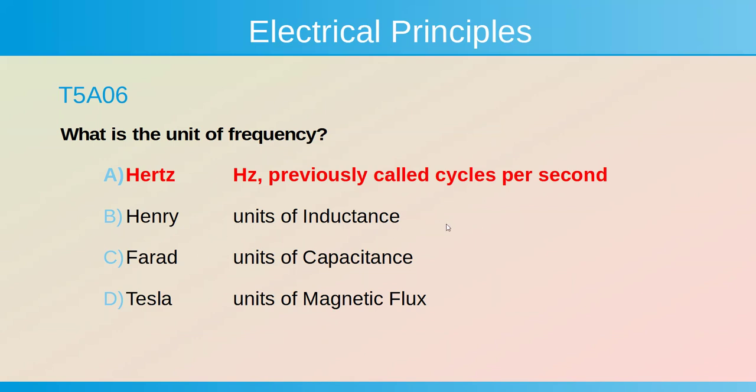Henry will show up a little later as a unit of inductance, named after Henry. And units of capacitance are named after Farad, Michael Faraday. And then Tesla is in there for units of magnetic flux. We call those Teslas.